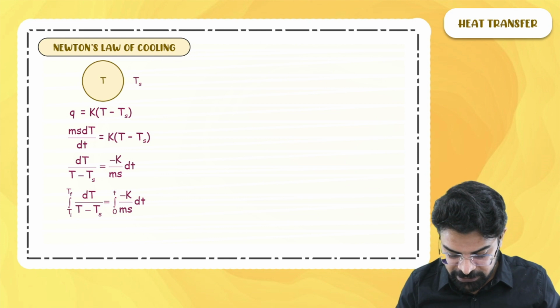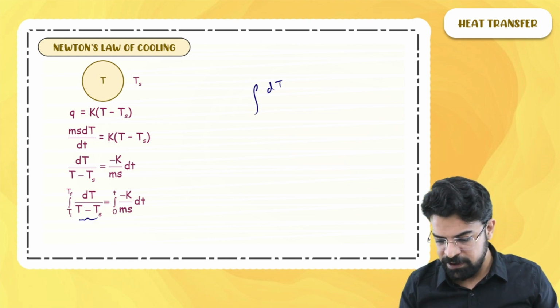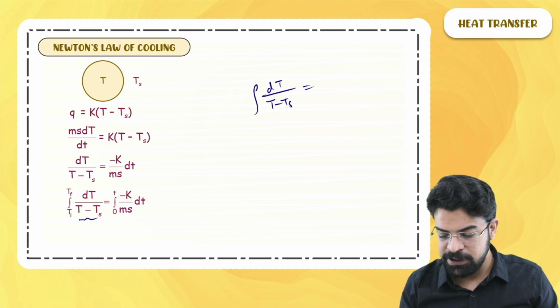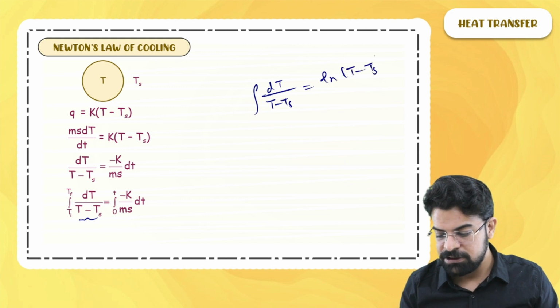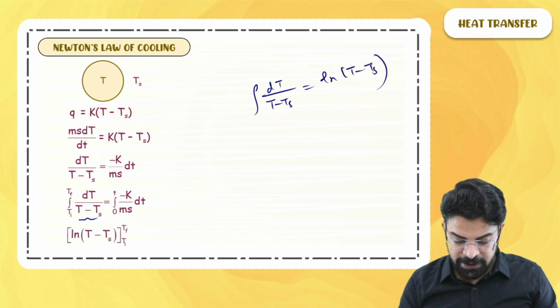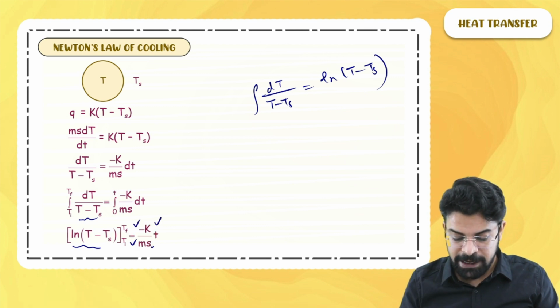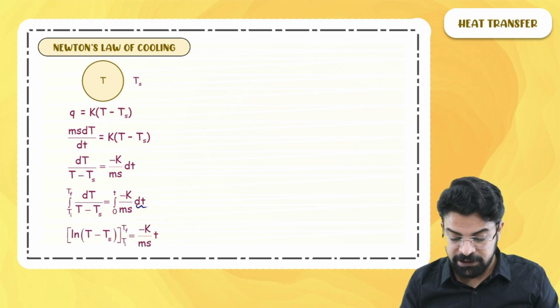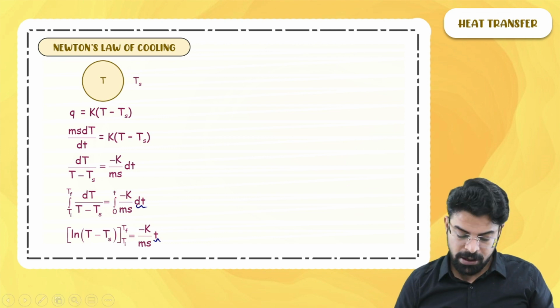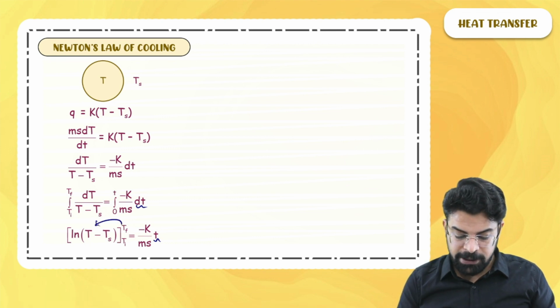So when you integrate it, the integral of dT upon T minus Ts is simply ln of T minus Ts. That's easy. So ln of T minus Ts, lower limit Ti, upper limit Tf, equals minus k by ms times the integral of dt, that gives you the time. Now always substitute, bachcho, upper limit minus lower limit.